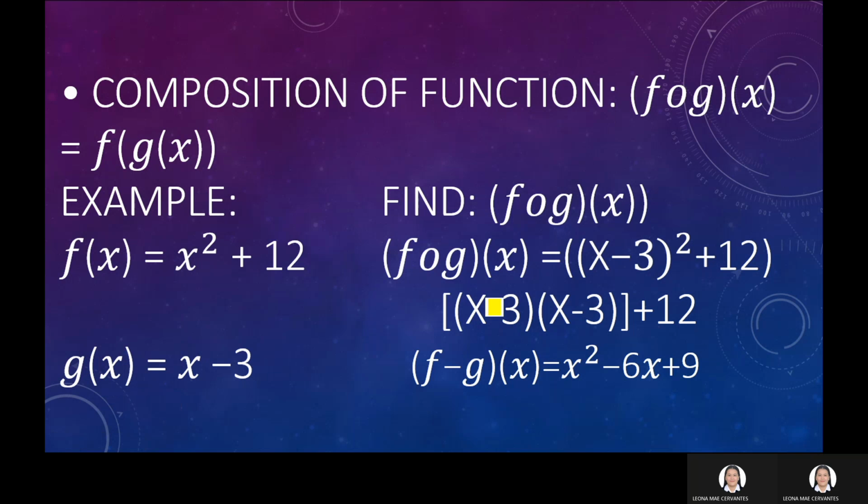Okay, so we have first x times x is equal to x squared. X times negative 3 is negative 3x. Negative 3 times x, negative 3x. Negative 3x and negative 3x is equal to negative 6x. Okay? Then negative 3 times negative 3 is equal to positive 9.